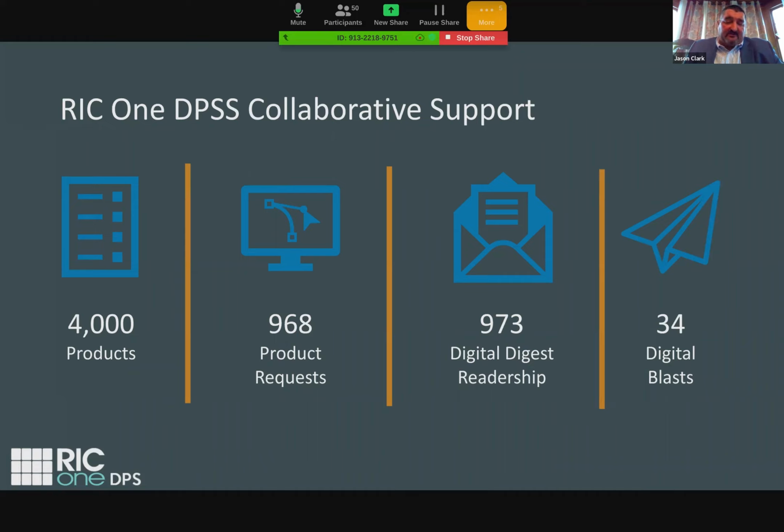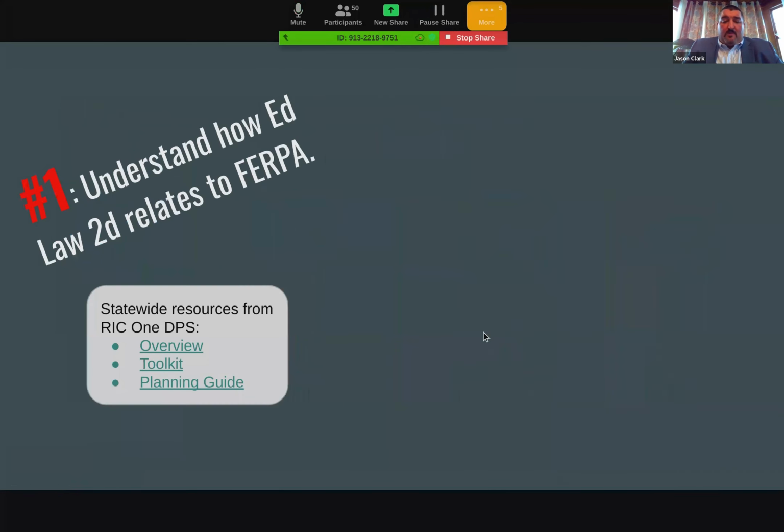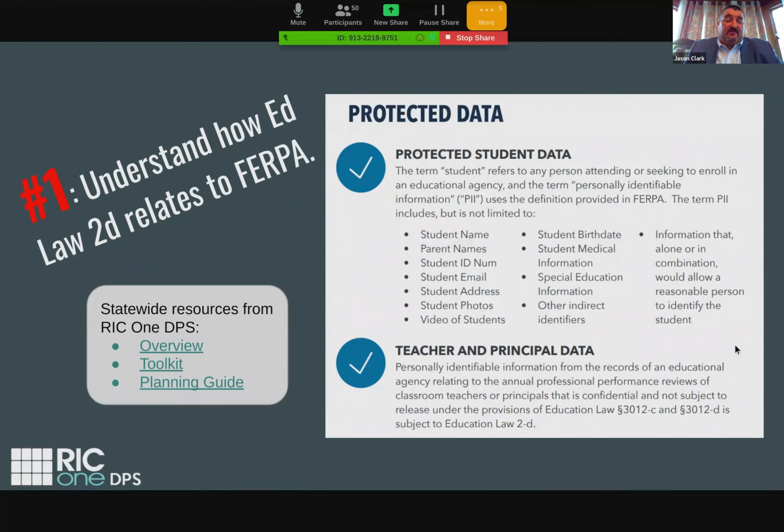So this presentation is basically a top 10 things around EdLaw 2D that every district should know and be aware of. So the first one is understanding how EdLaw 2D treats student information.